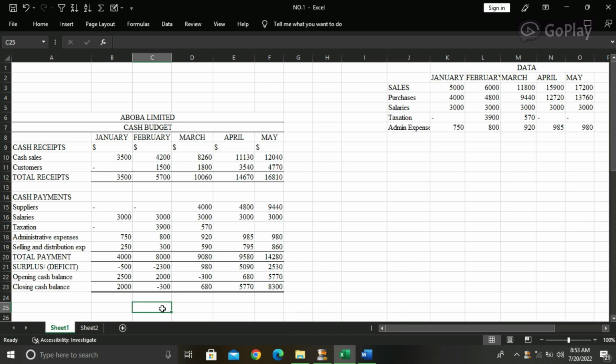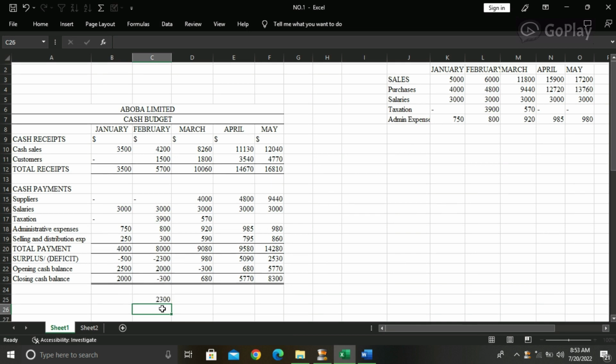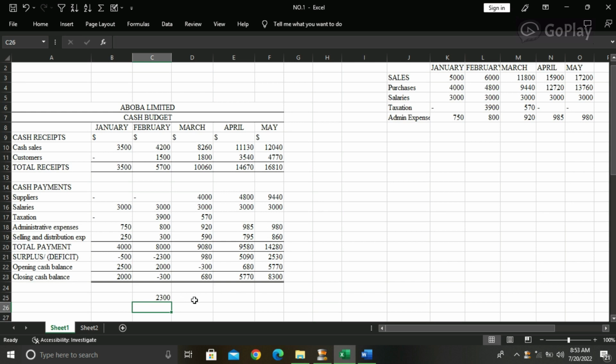So if there is a sub question, they will ask you, what is the total financial requirement of the organization to keep an efficient flow of operations? So for February, for them to have a 2,000 cash balance, there is the need to borrow 2,300. They have to go and borrow 2,300, so that when it pays for the deficit of the 300, there will be at least a minimum of 2,000 closing balance.